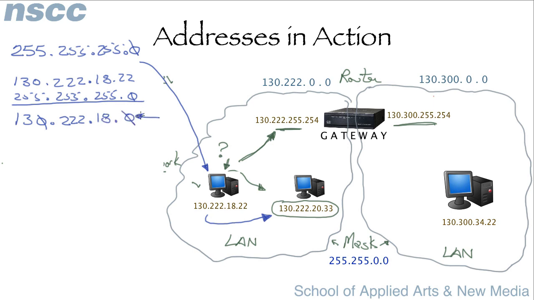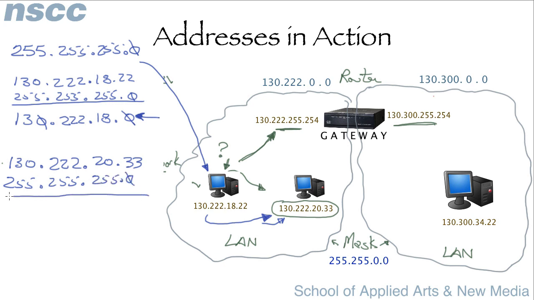So this machine thinks this is the network it's on. It wants to send a packet to this address, which is a machine right here on its own local LAN. Again, it will AND the network mask. And it thinks that that machine is on this network.